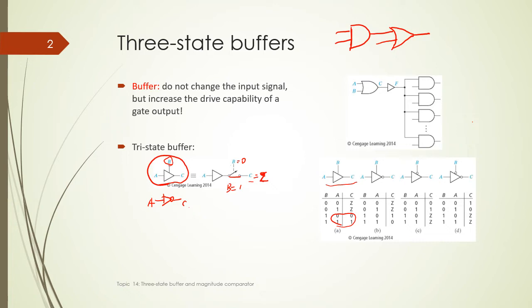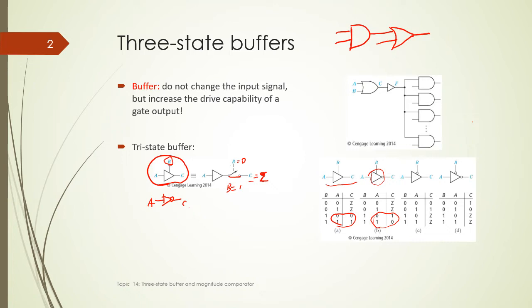However, if we add a bubble at the output here, this looks very similar to a NOT gate, right? In this case, when B equals 1, the output will be the opposite of the input. But when B equals 0, the output is still Z.